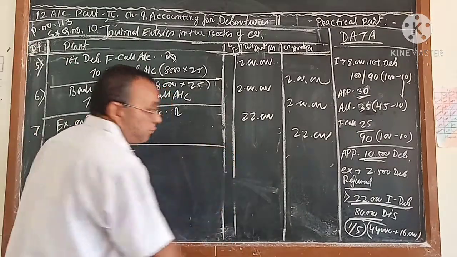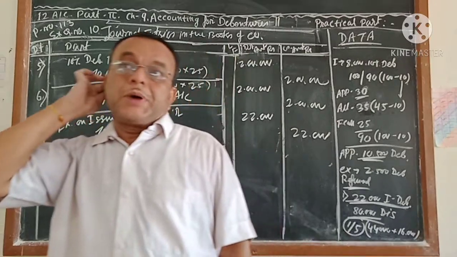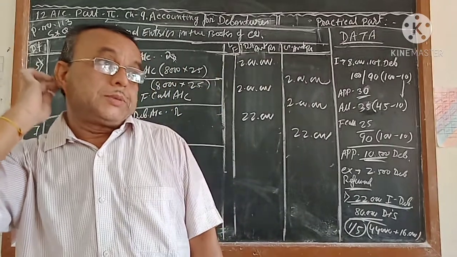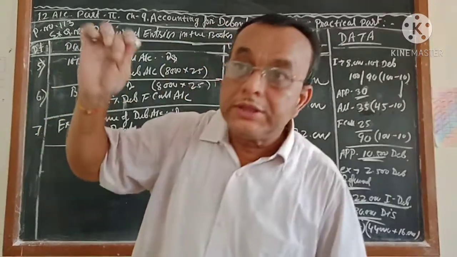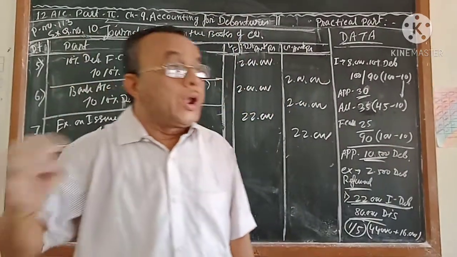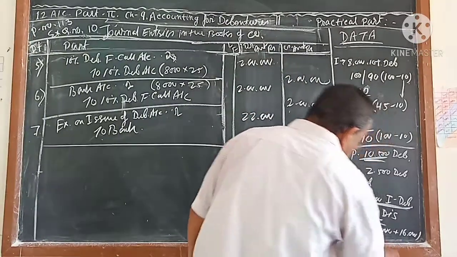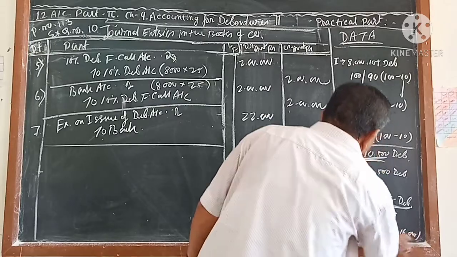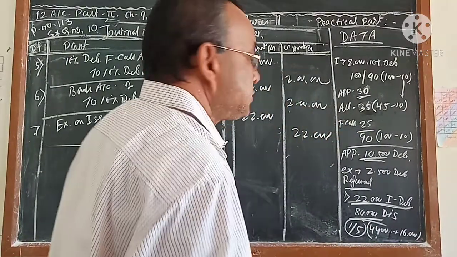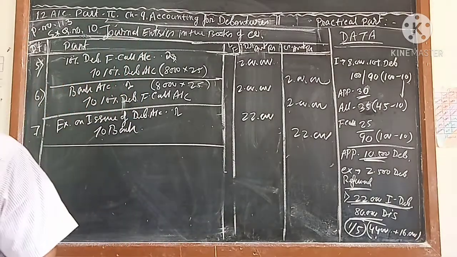And the company's board of directors decided that all this expense, 22,000 plus 80,000, that means 1,02,000, the company does not want to show in this year's profit and loss account. 1/5 of 22,000 which comes 4,400, and 1/5 of 80,000 which comes 16,000. These 2 amounts the company wants to show in the profit and loss account this year.